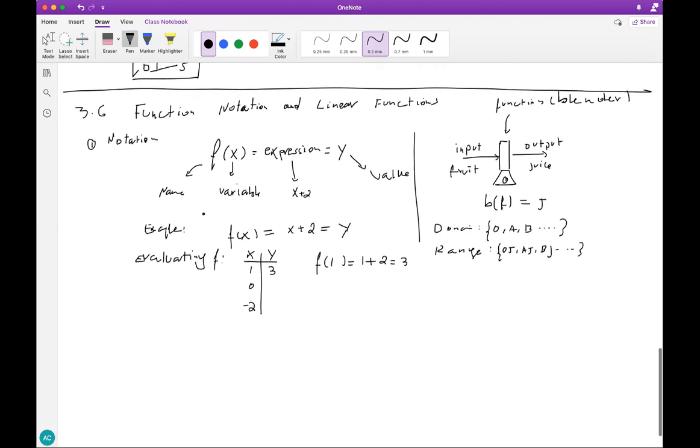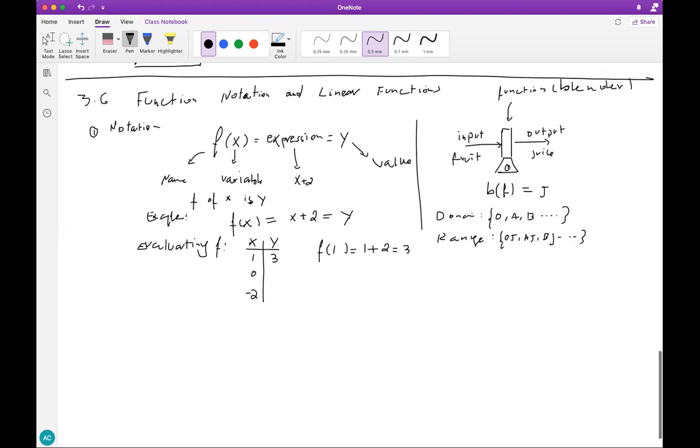That's how you read this notation: f of x equals or is y, depending on what the y is. In this case, we have f of 1 is 3.